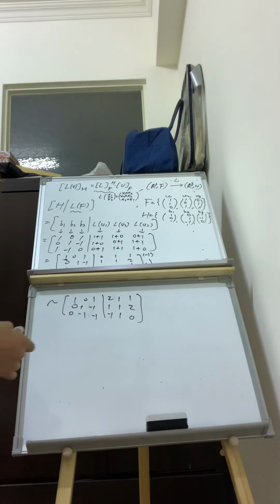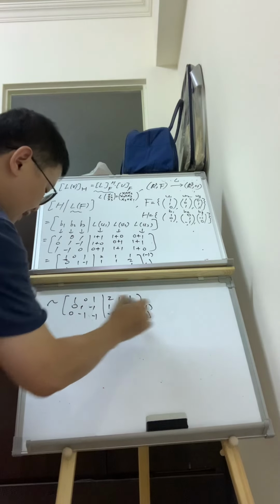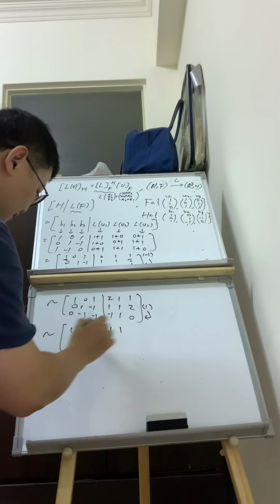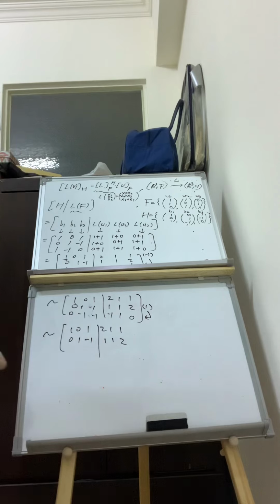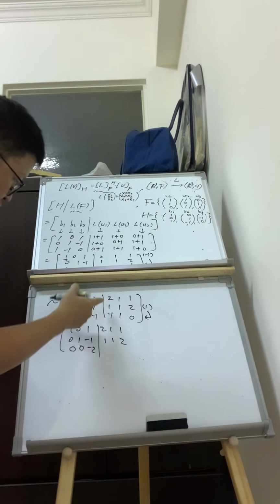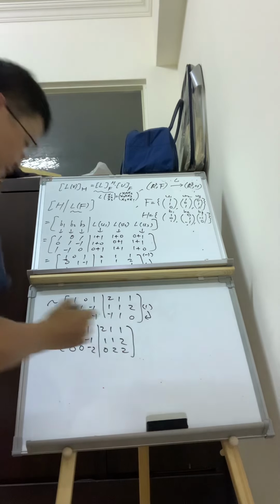This one. And use this 1 to cancel this 1. So multiply 1 to the last row. You will get 1, 0, 1, 2, 1, 1, 0, 1, negative 1, 1, 1, 2. Their sum: 0, 0, negative 2, 0, 2, 2. This one.